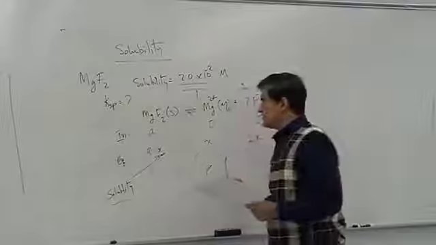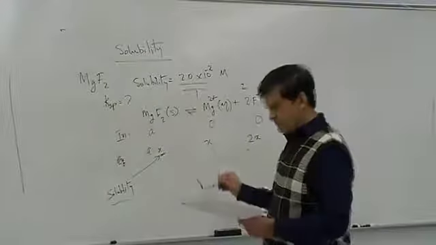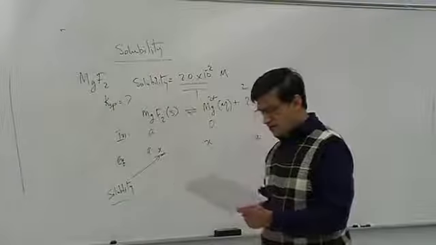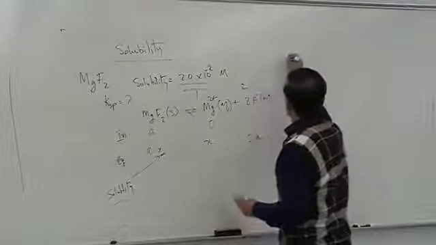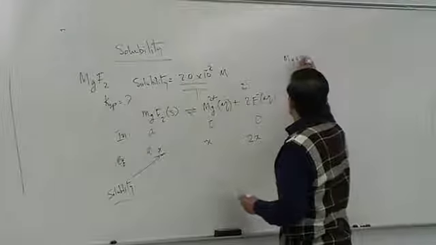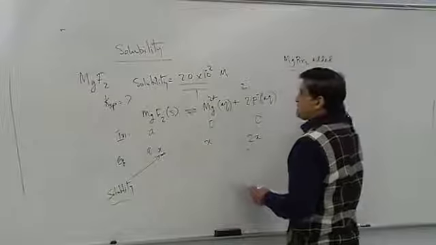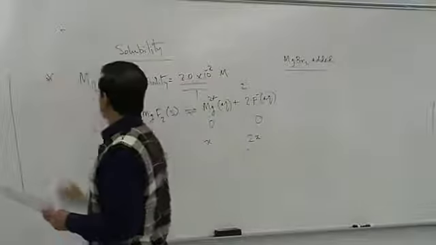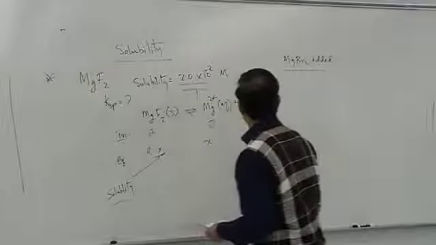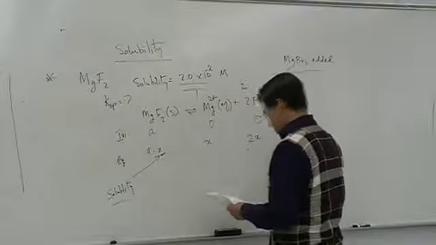I have MgF2 in water, and we know that it's not highly soluble, part of that will break down, and I'm adding in that solution MgBr2. MgBr2 added. This is another question. Keep that in mind, it's not the same question. This is another question where I have MgF2 in presence of MgBr2.